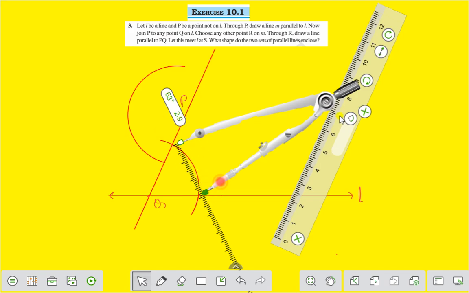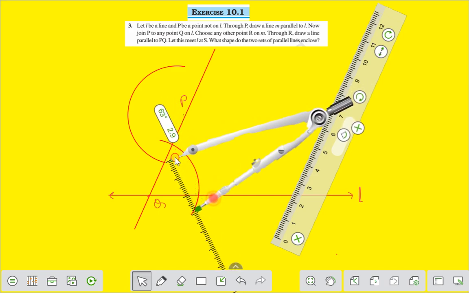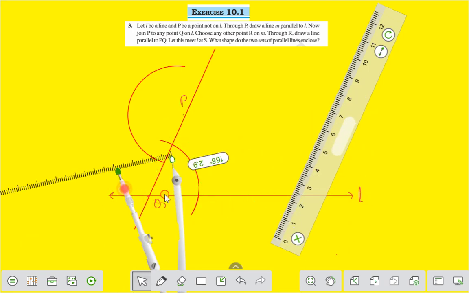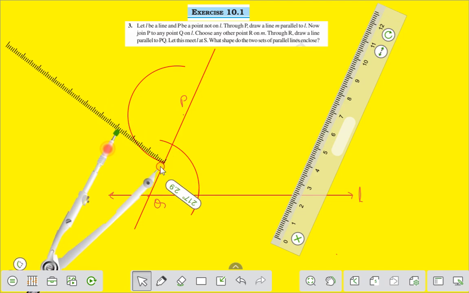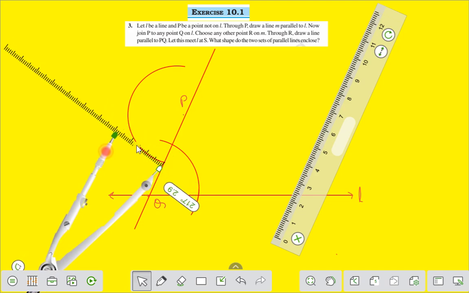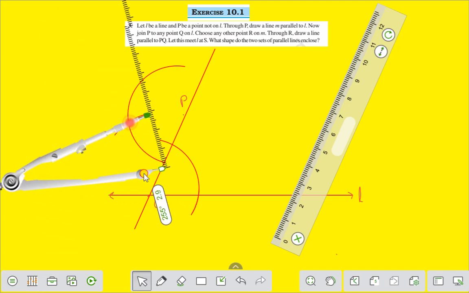We will try to make the alternate angle the same. Take this pointer again here at this point, and with the same measurement take another arc here.